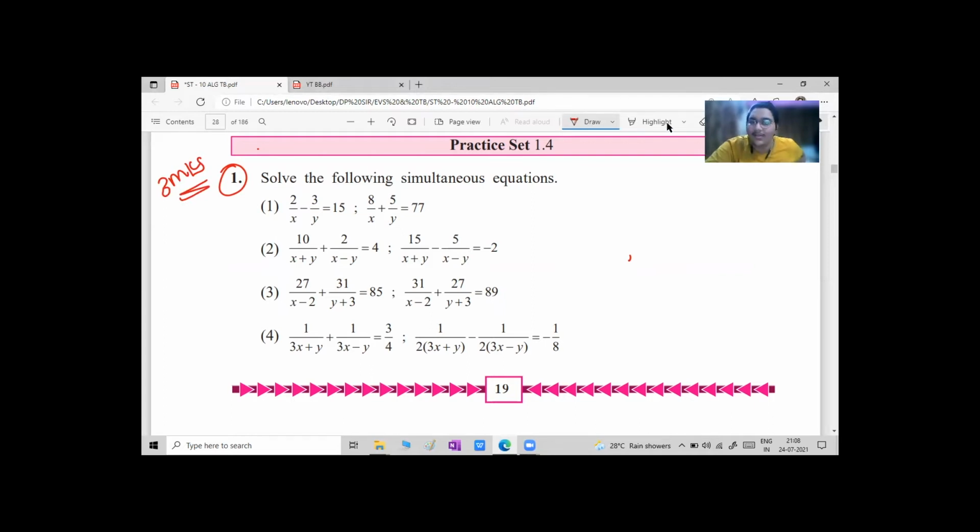So this exercise is very, very important. Do not take it lightly. And yes, I am repeating again, don't directly try to solve this. First of all, check whether your prerequisites are done or not. If you are not able to solve practice set 1.1, refer to the video again. Do comment your doubts. Do comment where you are facing difficulties. We are going to clear that.